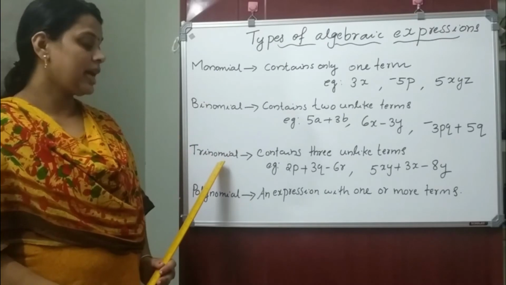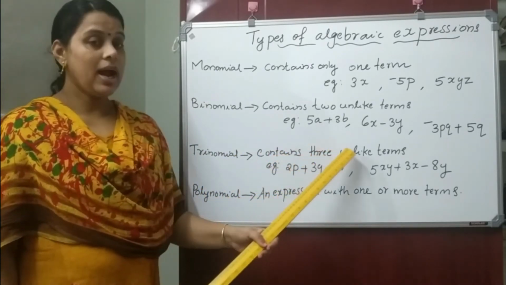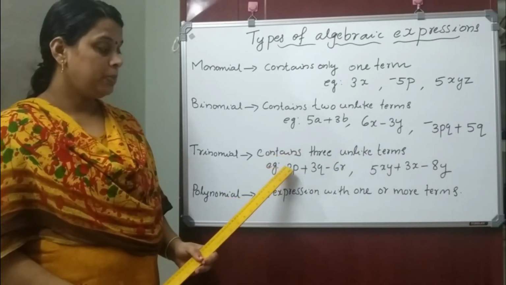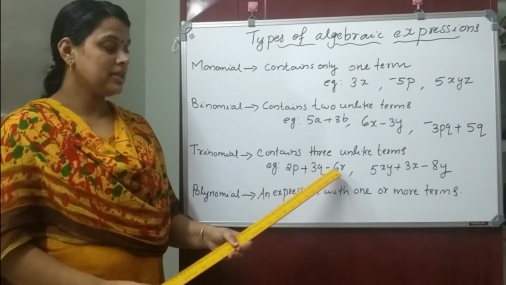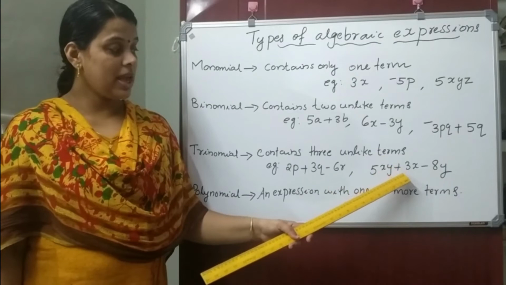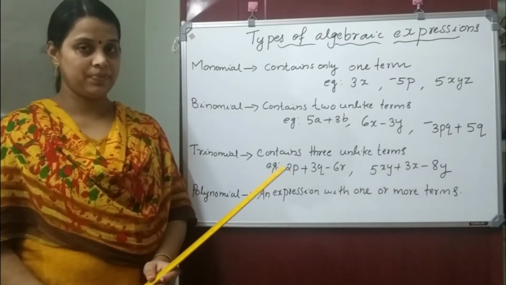Next is trinomial. That means it contains three unlike terms. Example: 2p plus 3q minus 6r, 5xy plus 3x minus xy minus 8y.